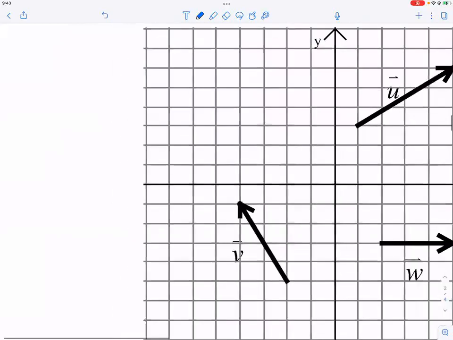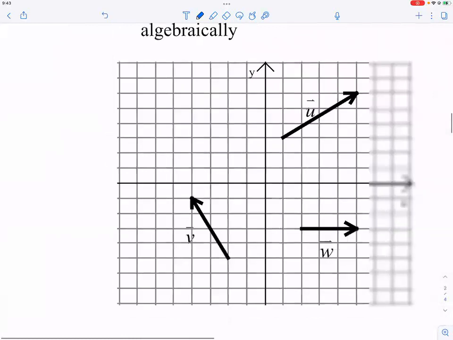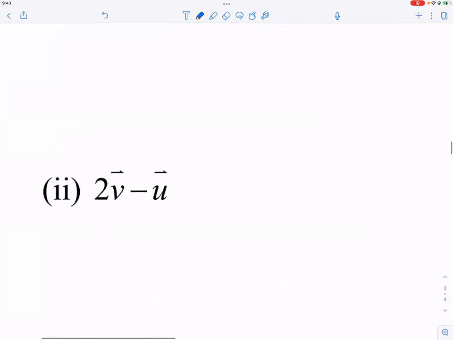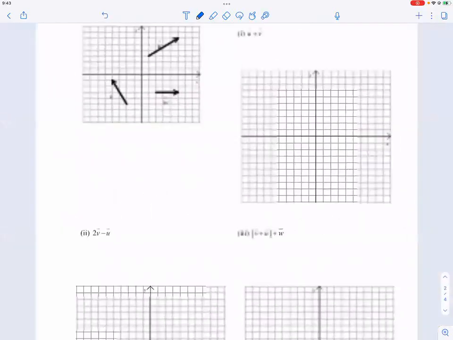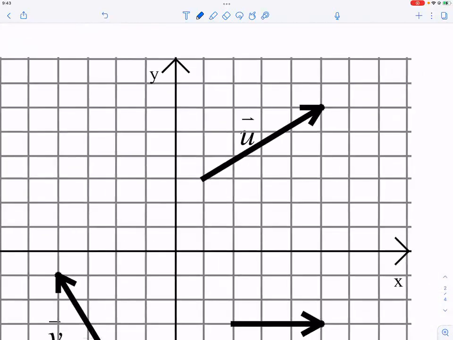And now there's a minus u. What does the minus do to the vector? If you look at this minus u, how does it affect the vector? This is the regular u vector, and if it's a minus u, that means this vector will be in the opposite direction.